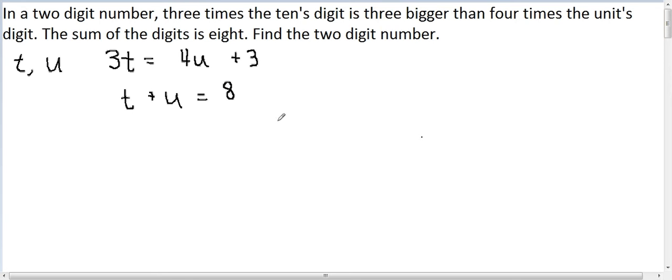If we take a look at both equations, we see that in the first equation, the t and the u are on both sides of the equation, while in the second equation, the variables t and u are on the same side. If we're going to add the equations together, we want to have both of the variables on the same side, and we need to match the positions up for the variables.